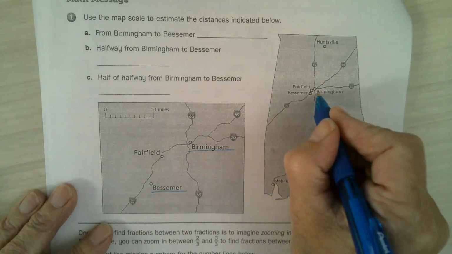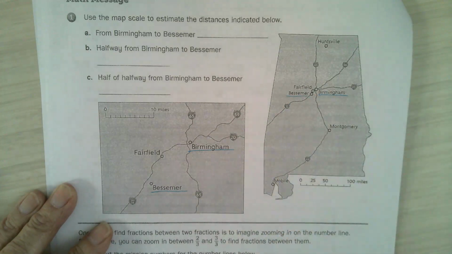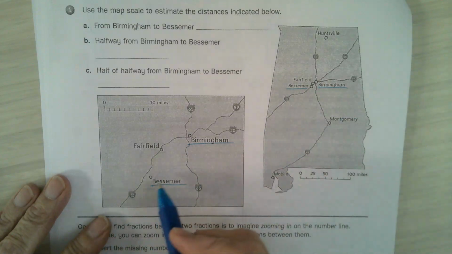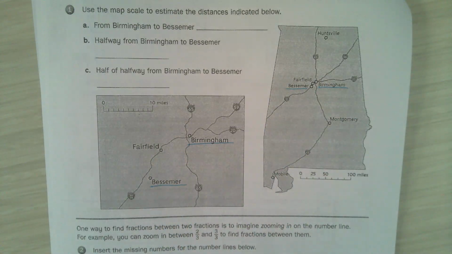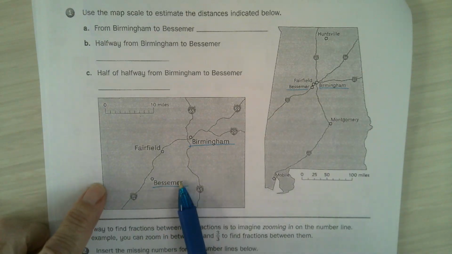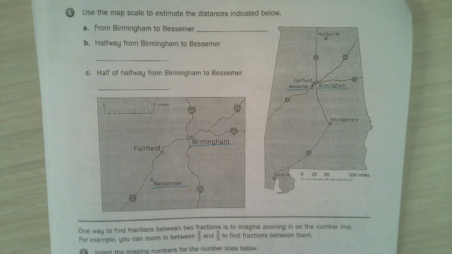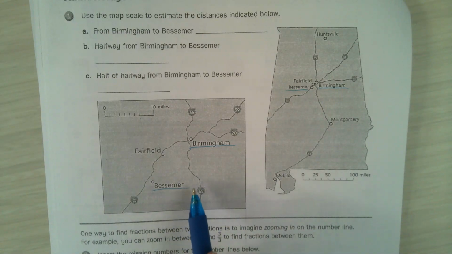Here we have Birmingham and Bessemer, okay? On this map, they're much closer than on this one. Why would that be? Yes, it's zoomed in. This one is zoomed in. This one is not. We're going to probably use the zoomed in one because it's easier to read.